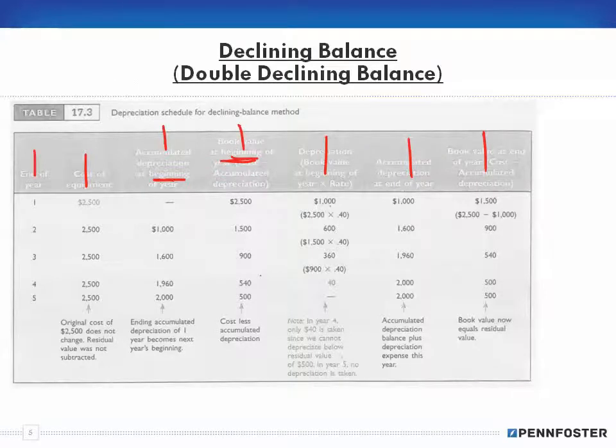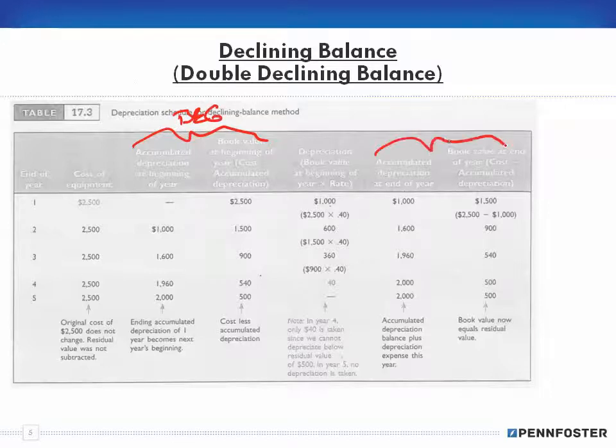So these other 2 columns, this accumulated depreciation and this book value, are for the beginning of the year, and these 2 are for the end of the year. The way we do the math on the schedule is not quite the same.